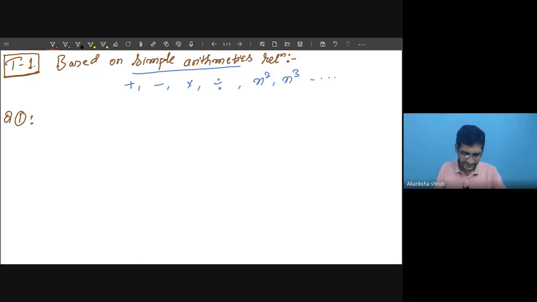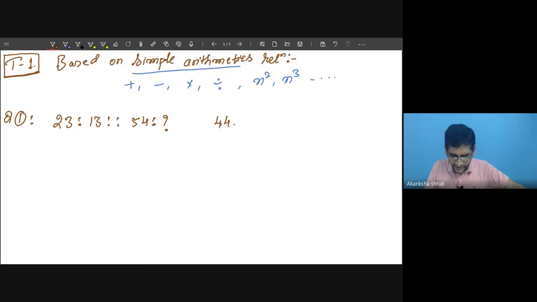First question. So 23 is to 13 double is to 54 is to what? And in option it is given that 44, 39, 40 and none.